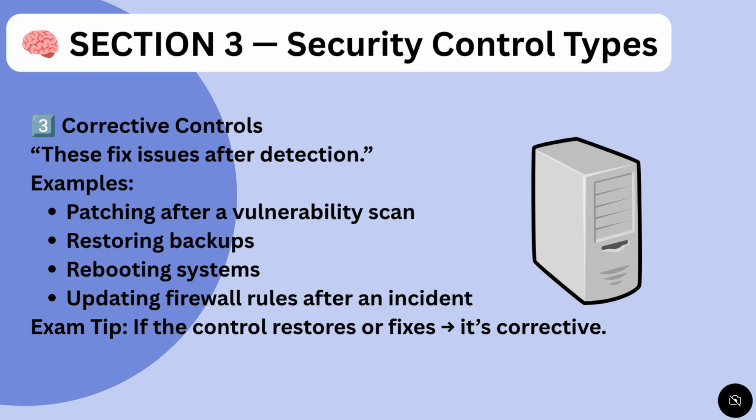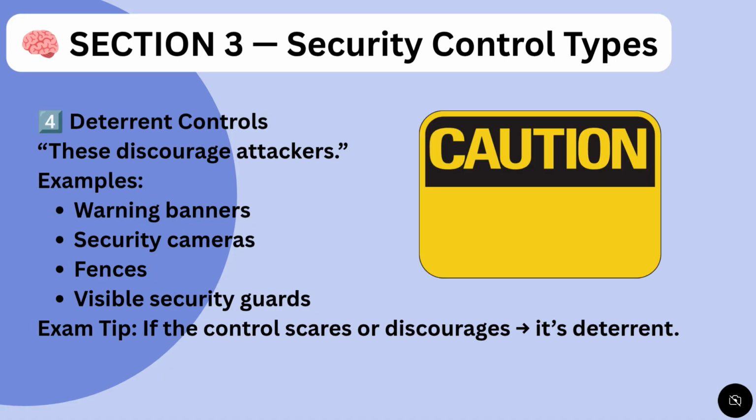Fourth, deterrent controls. Deterrent controls discourage attackers from attempting malicious activity. Examples include warning banners, visible security cameras, fences, and security guards. If the control scares or discourages an attacker, it is deterrent.